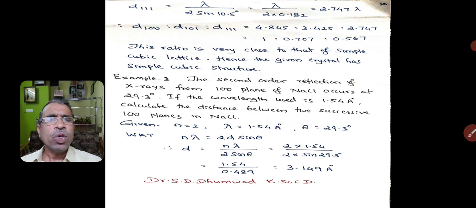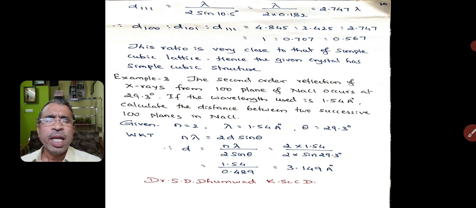If the wavelength used is 1.54 angstrom, calculate the distance between two successive 100 planes in sodium chloride. Here, from the given problem, the second order reflection means n is equal to 2, the lambda is given as 1.54 angstrom and theta is given as 29.3 degree.